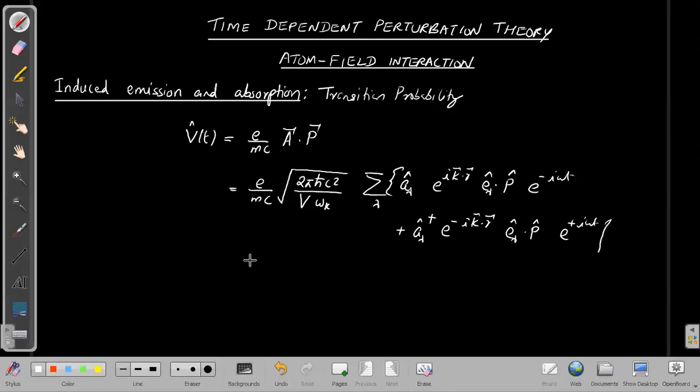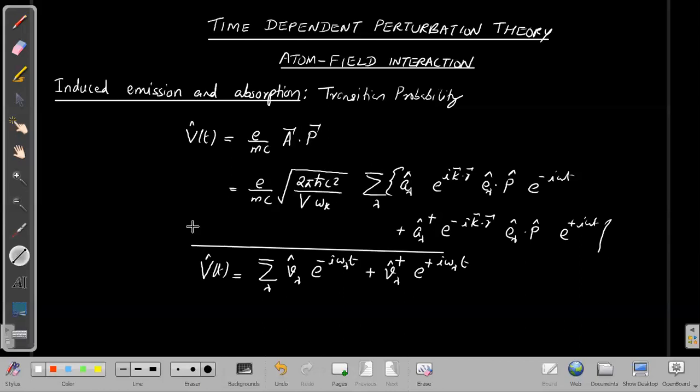This can be written in simple terms as sum over lambda, v lambda e raised to minus i omega lambda t plus v lambda dagger e raised to plus i omega lambda t. Okay, so this is capital V of t.